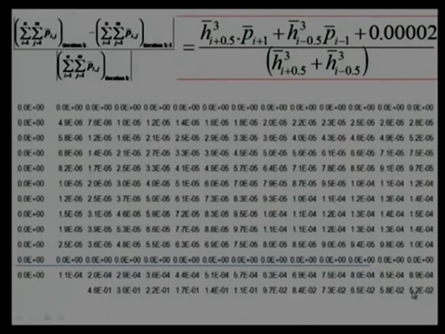We can continue if we have time, and we understood how the pressure profile is changing. The maximum value of pressure occurs somewhere here. It is not at node 11, node 10, or node 9, but at node 8. It has moved to node 8.